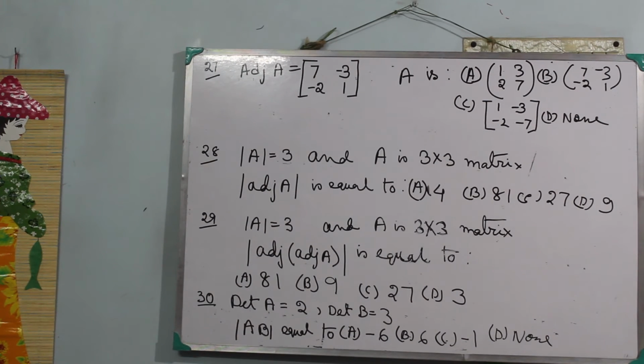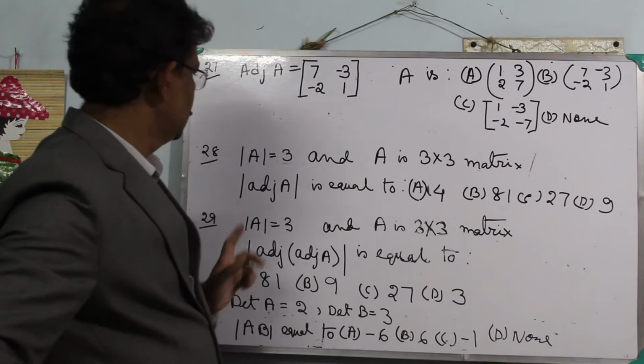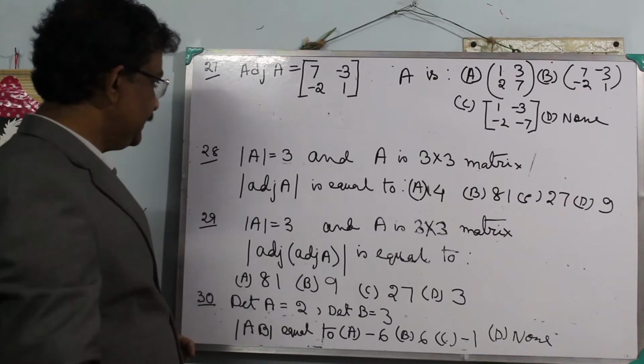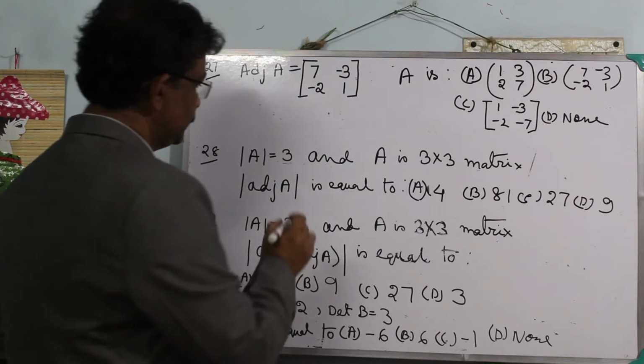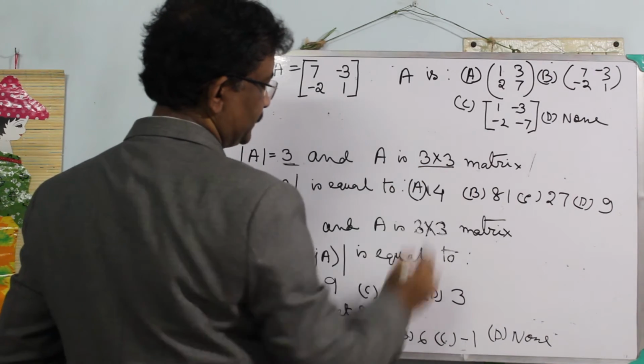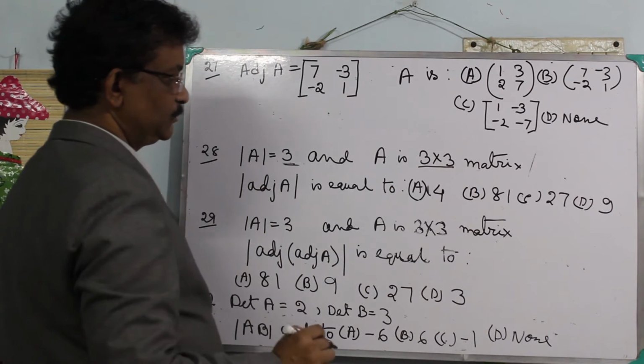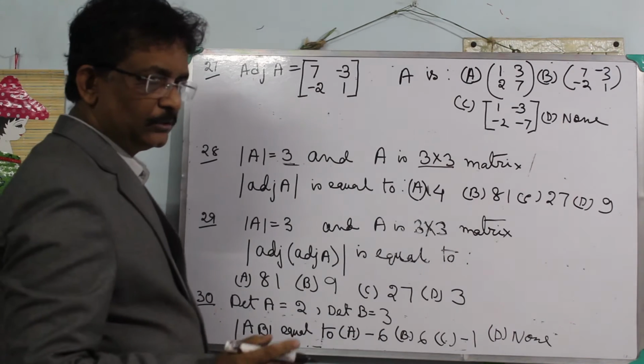Questions 27, 28, 29 and 30. First I will solve 28. Determinant A equals 3, and A is a 3 by 3 matrix, therefore 9 elements. The determinant of adjoint A, you know the formula.